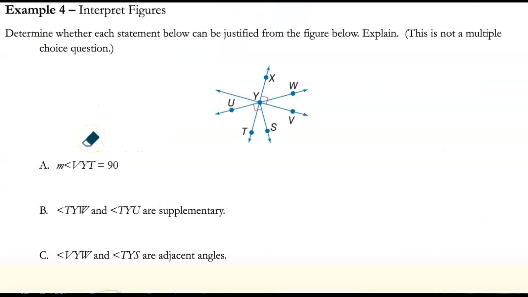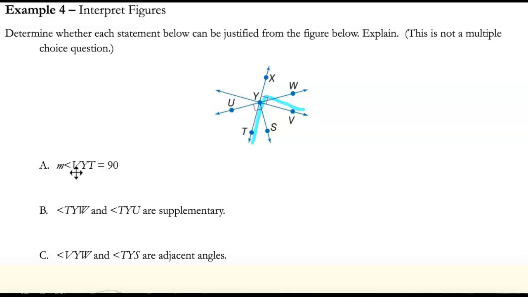So we have two questions left. The first is to determine whether the statements can be justified based on the picture below. Here we find angle VYT.